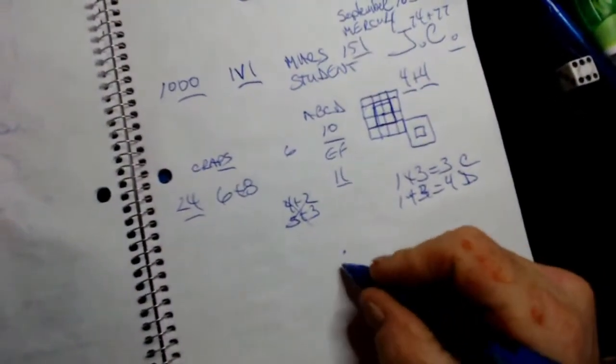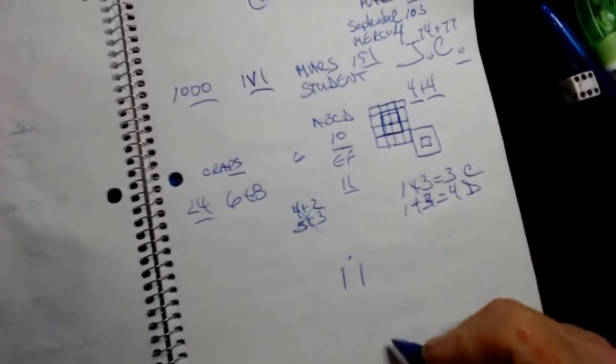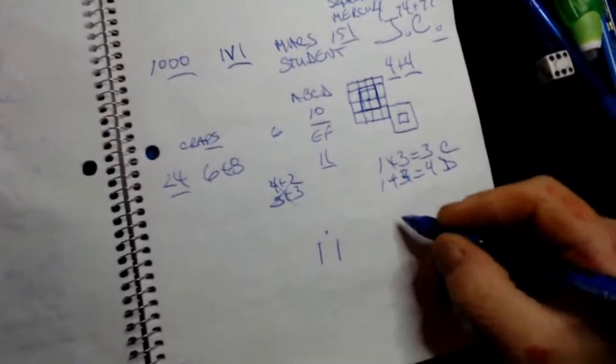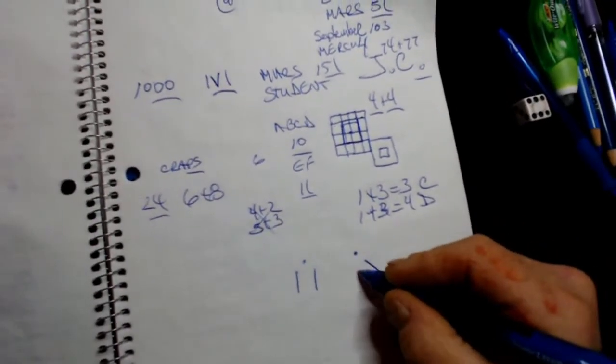So now we're going to get back to Earth and Mars. If we put Earth and Mars together, the dot and the line, we're going to put it together like that. Well, actually, I think we have to put it together like that.